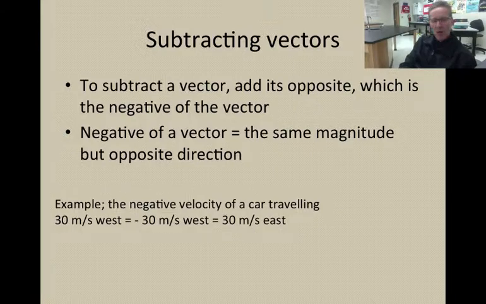So for example, if we want the negative of 30 meters per second west, we could word this as negative 30 meters per second west, or we could also say it's 30 meters per second east. Putting the negative sign makes it opposite, or when we're using directions like on a map, we could just say the opposite direction.